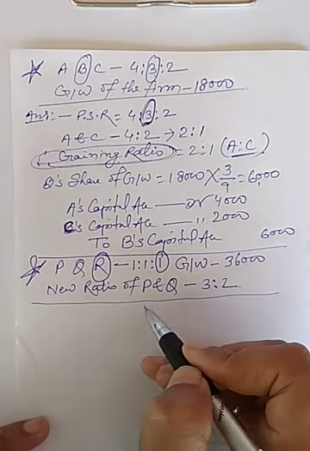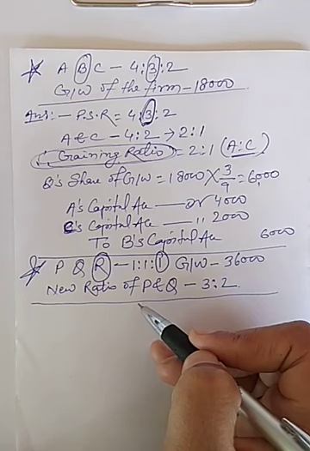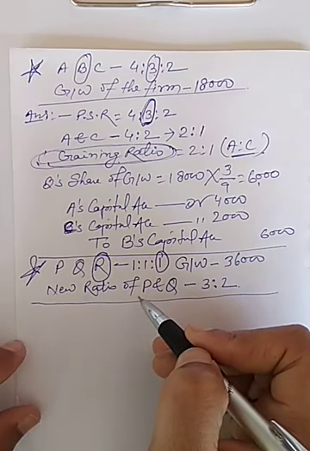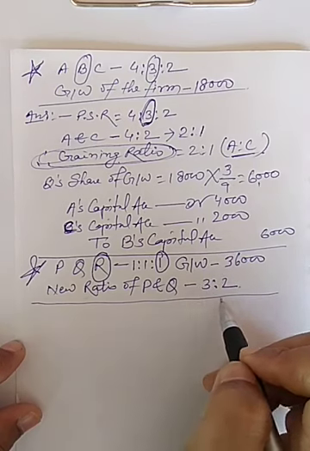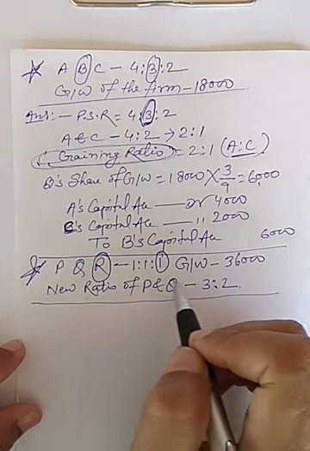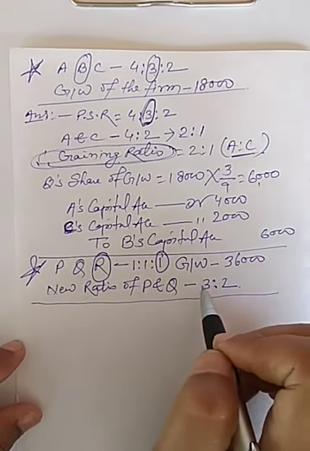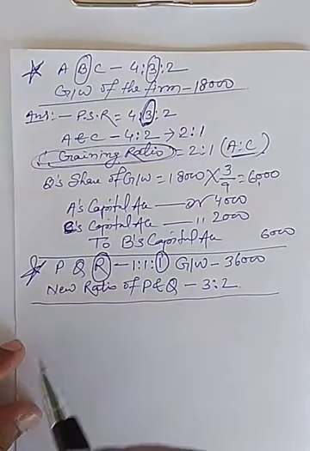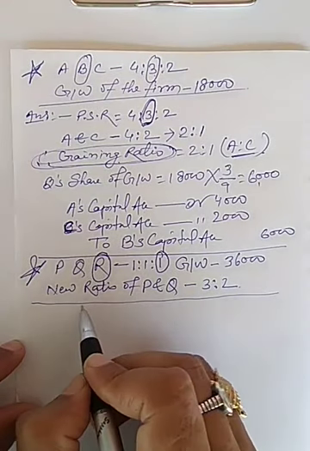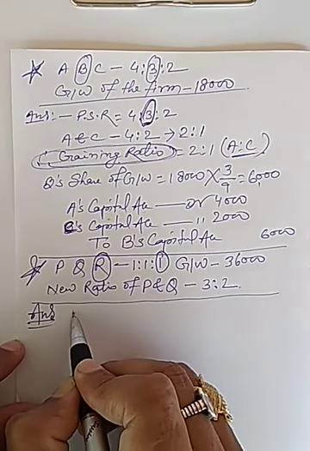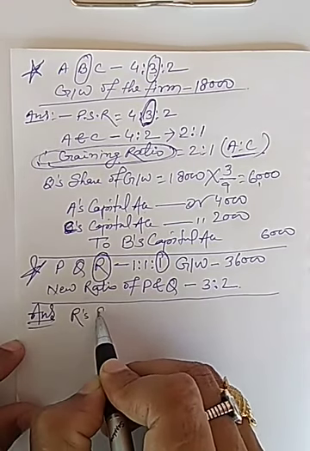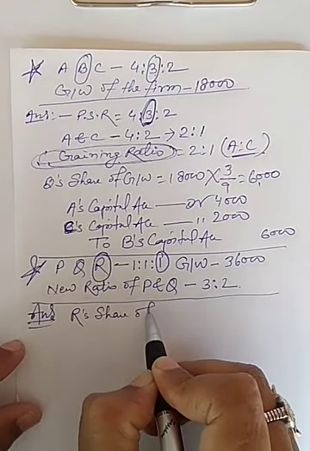Something is changed in this question, because the old ratio and new ratio are both given. So first I will calculate R's share of goodwill.